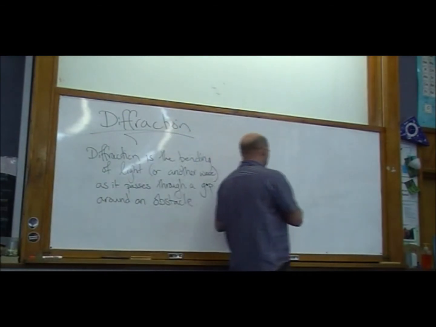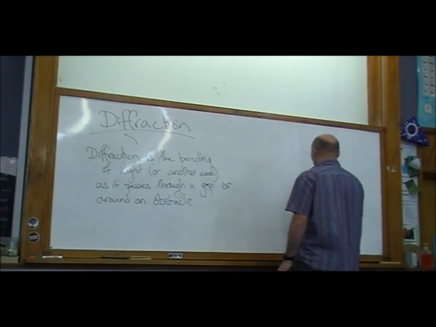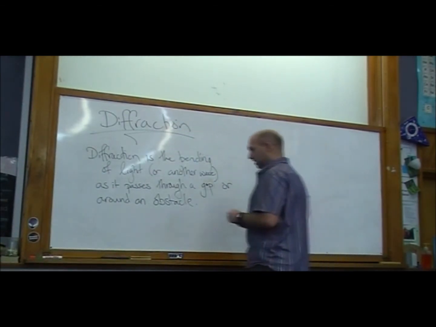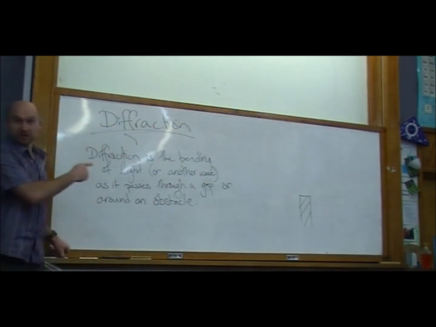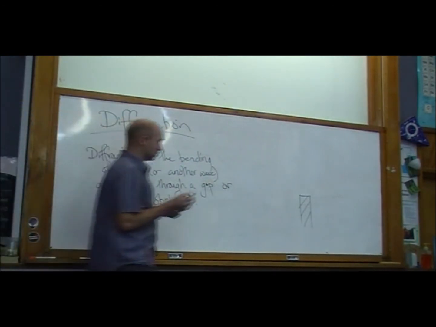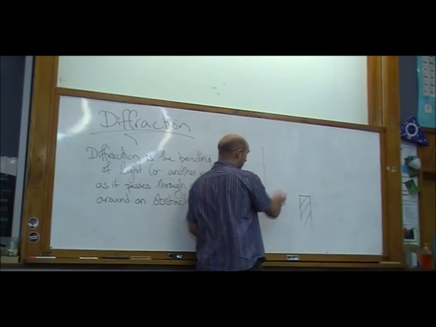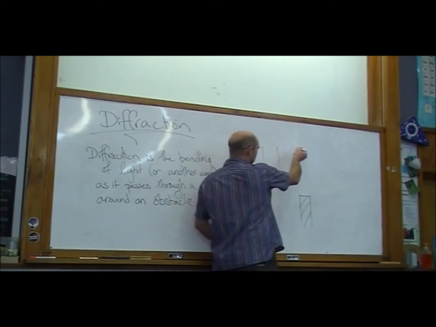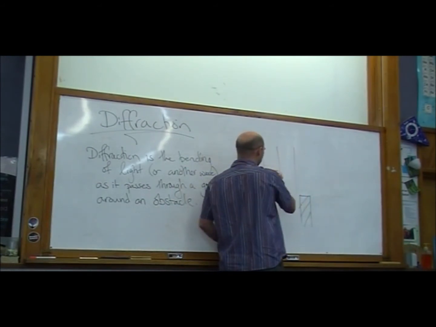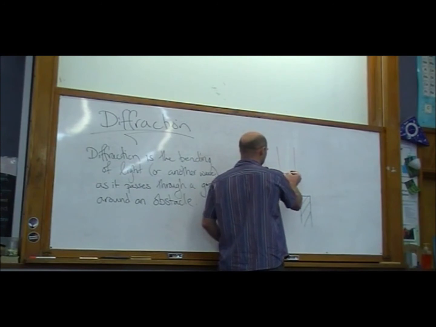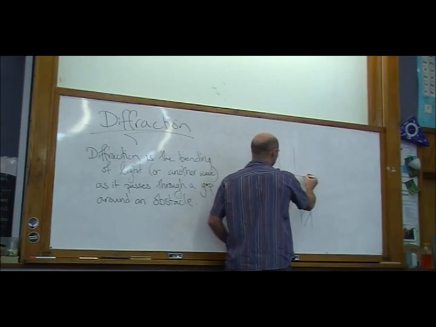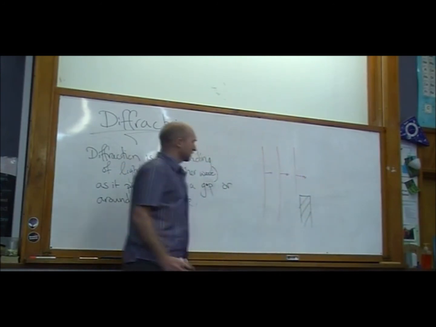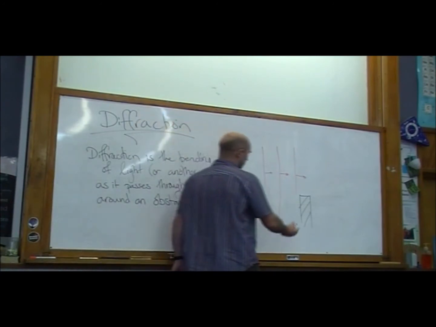So if we were going to draw this, that could be our obstacle, and we could draw our waves, thinking about these lines as being the wave fronts, like the white crest of the wave, if it's a water wave. And so we've got those wave fronts coming along.